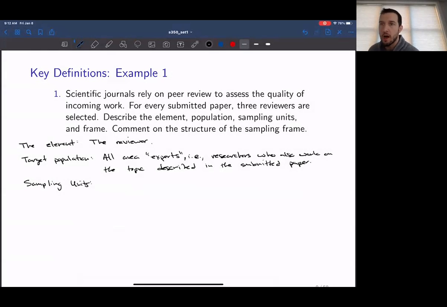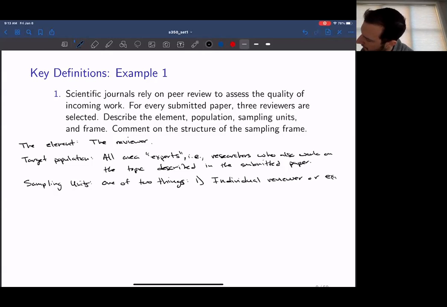A lot of the time when I'm contacted to review a paper, I'm contacted directly by the editor. So I suppose in that sense, I would be the sampling unit. So it could be one of two things. One, it could be the individual reviewer. I'll just write individual reviewer. Or expert.